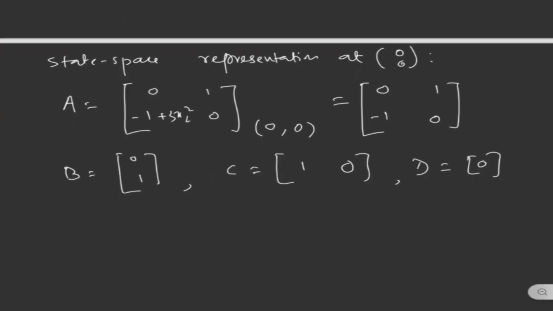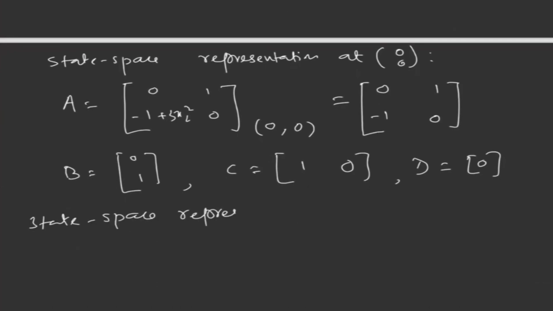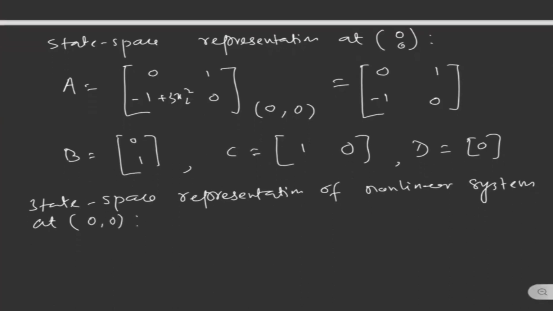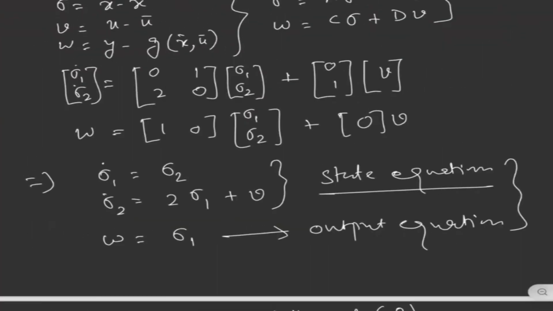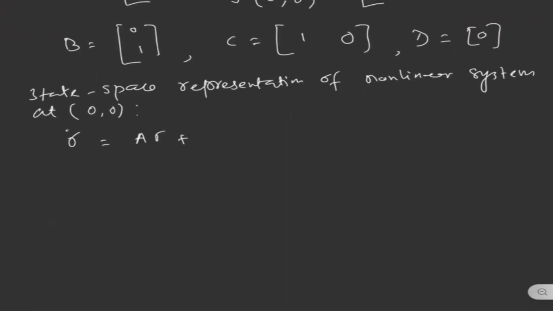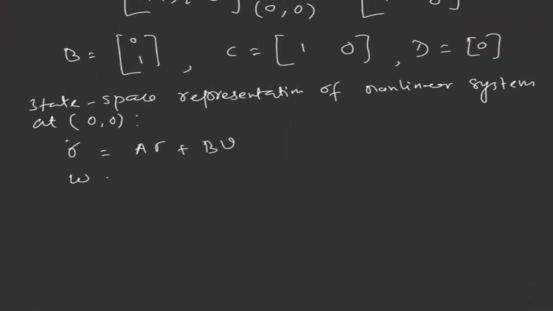The state space representation of the nonlinear system at equilibrium point 0, 0 is sigma dot equal to A sigma plus BV, and W equal to C sigma plus DV.